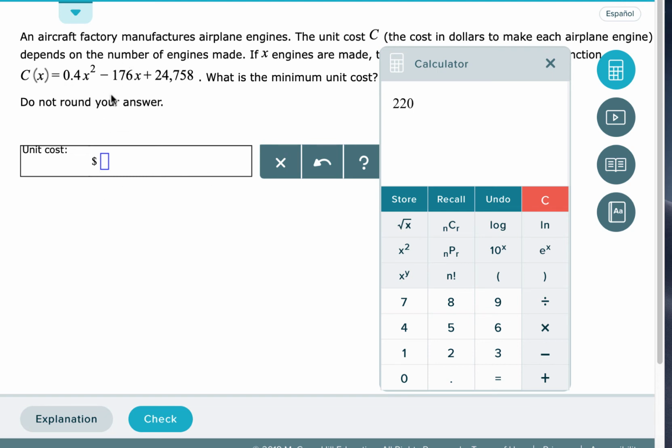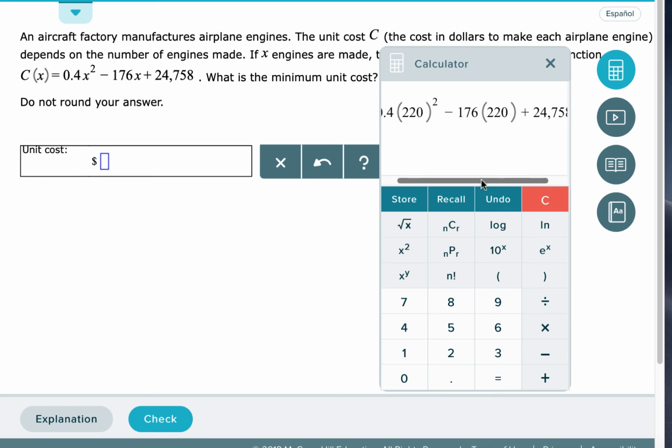So let's figure out what that cost is when we produce 220 engines. So we're going to do 0.4 times 220 squared minus 176 times 220 plus 24,758.